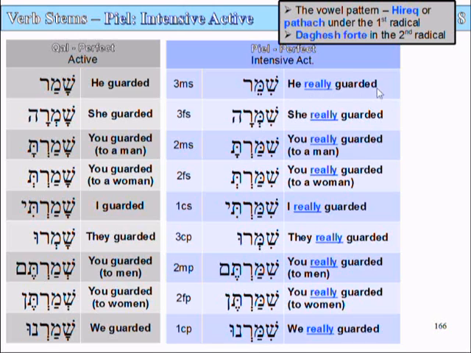Now, some of these words may not exist. Again, it's just to show you a pattern. Sometimes people will say that actual word doesn't exist. These tables are just to show how the stems work.